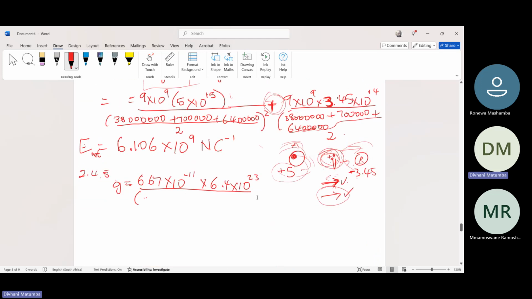It's going to be the same distance. So it is 3800 plus 700 plus 6400. So how much do we get?